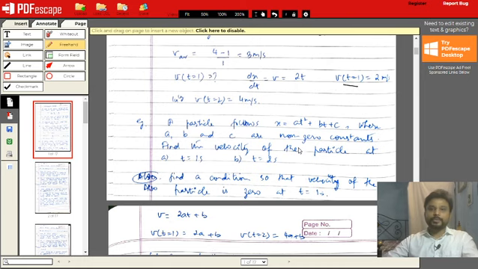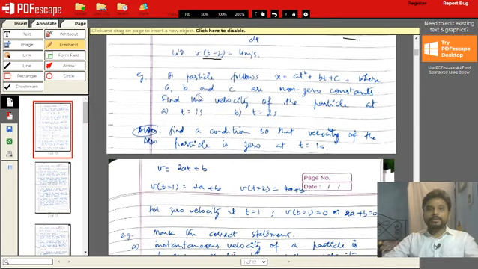So we had to substitute the value of t to get the values of velocity. That means differentiation is one part of the process, and we have to substitute values of t to get the velocity. And let's proceed further.